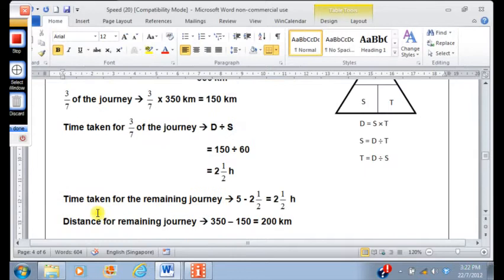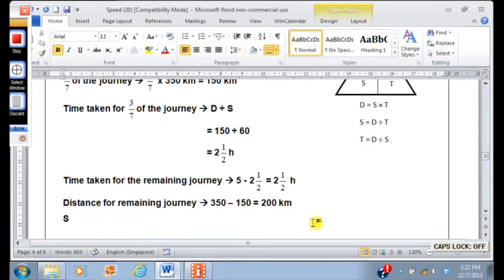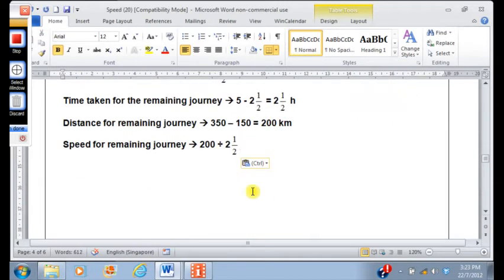Do you realize that we have time for remaining, distance for remaining, so speed for remaining journey will be, we take the distance, which is 200, divided by what's the time we have here? 2.5, and this will give you 80 kilometers per hour. Right, quite simple, right?